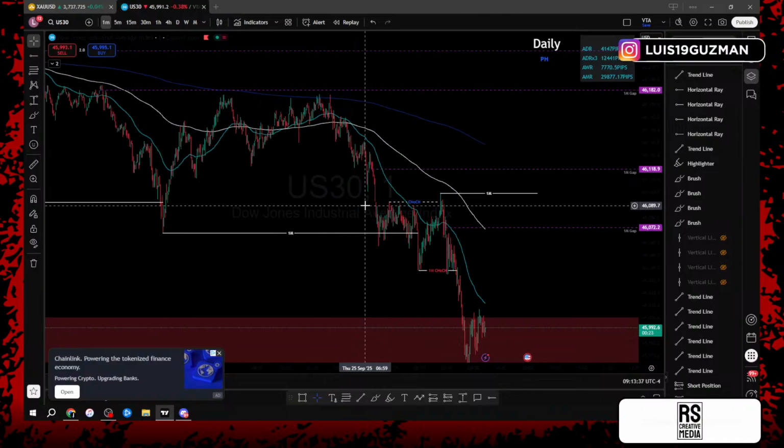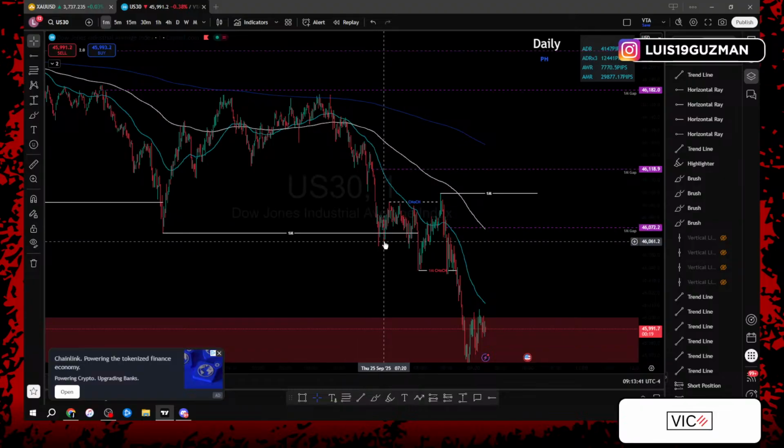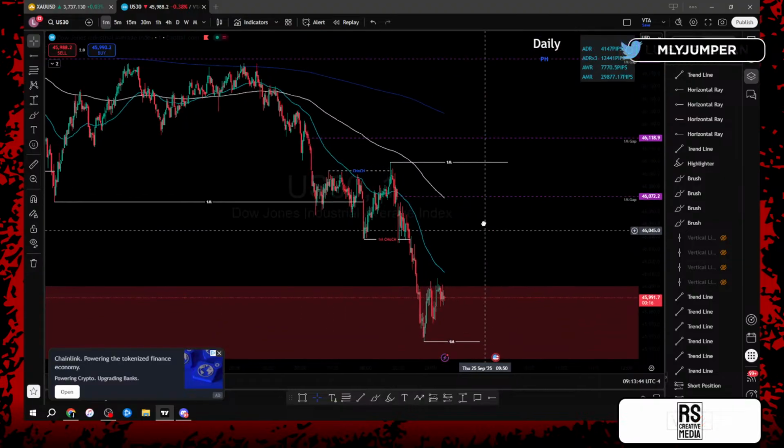By the time we got on the charts, these moves were already made, so I wouldn't have even been able to see any of these moves. Right, we were just trapped here at the lows. Okay.